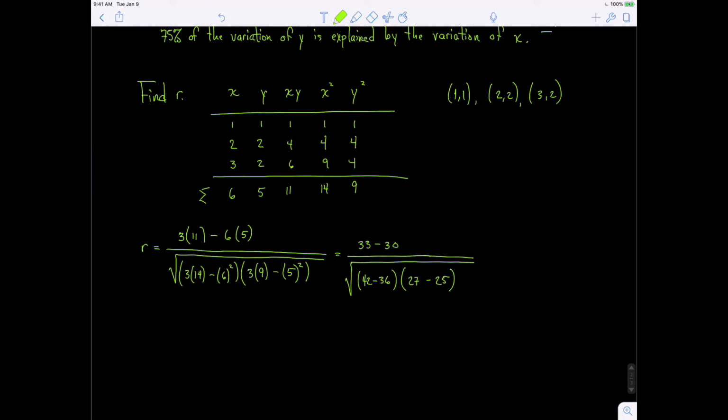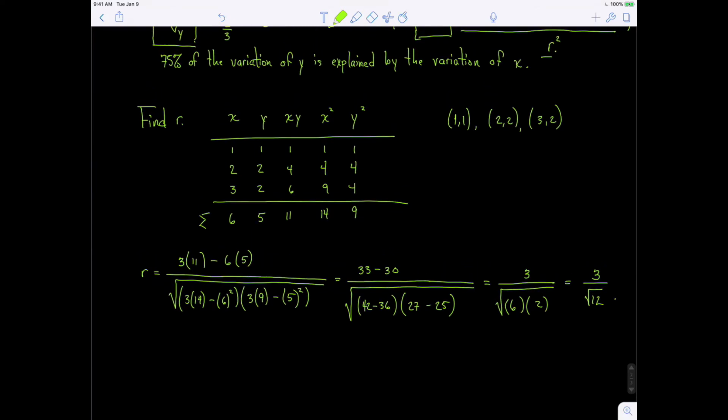Let's keep going. This is 3 divided by the square root of: 42 minus 36 is 6, 27 minus 25 is 2. And so this gives me 3 divided by the square root of 12.